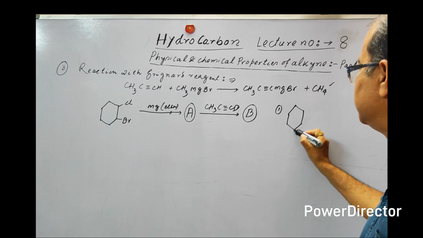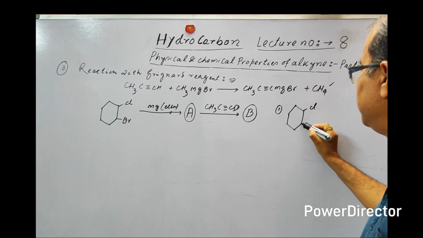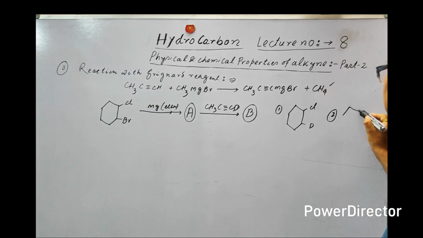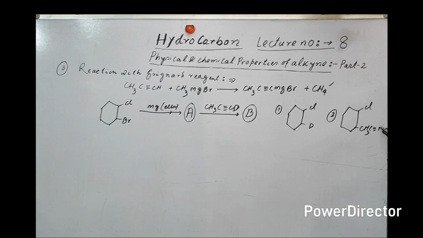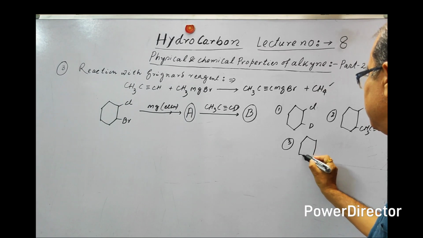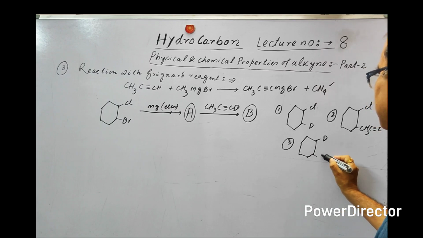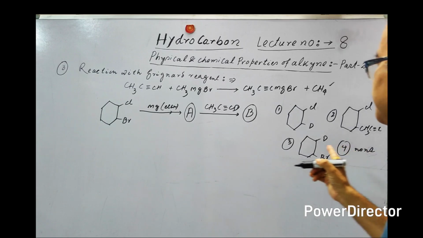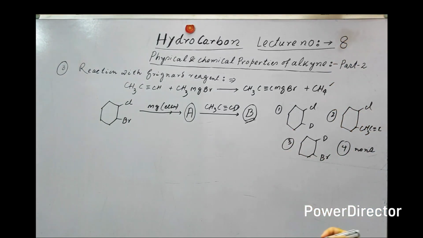Number one option is this, chlorine. Number two, number three, so these four options are given to you, and you have to say which is B here.